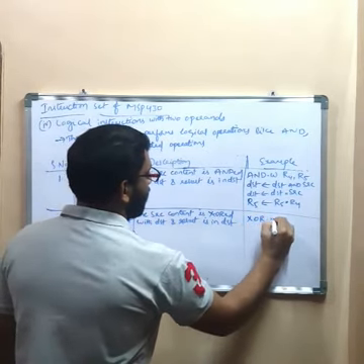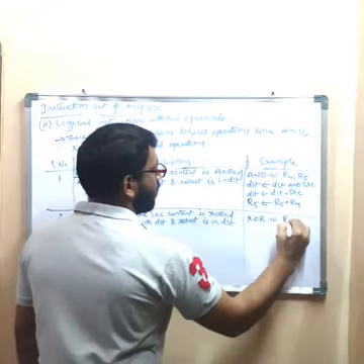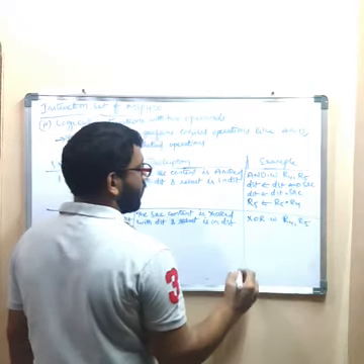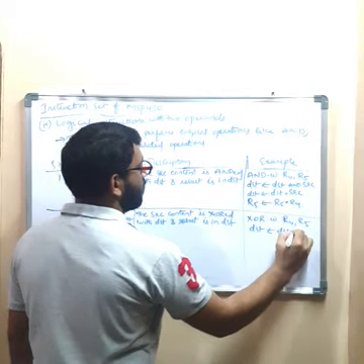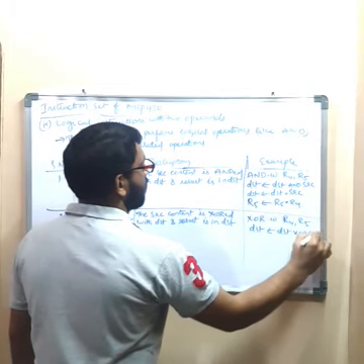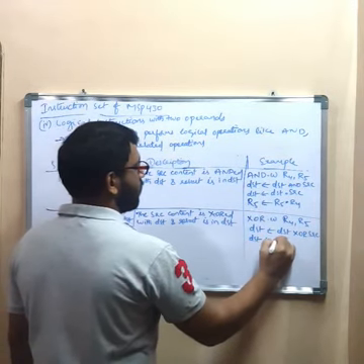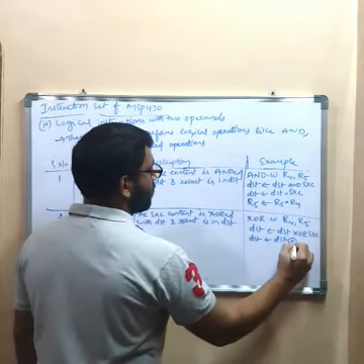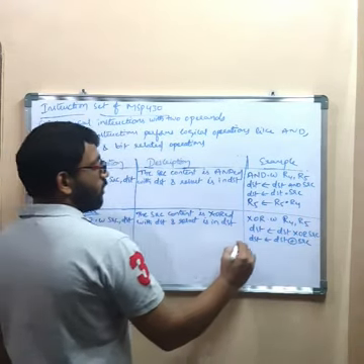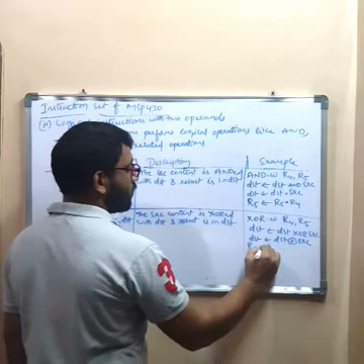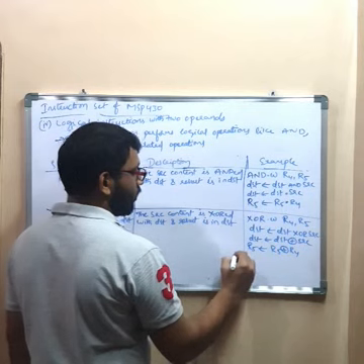XOR, if you look at the example, XOR.W R4 comma R5, right? Destination implies destination XOR source. This is the symbol of XOR gate, right? Here R5 implies R5 XOR R4.